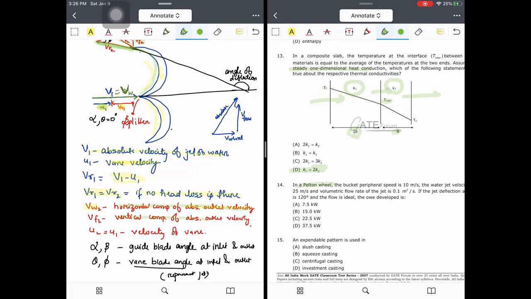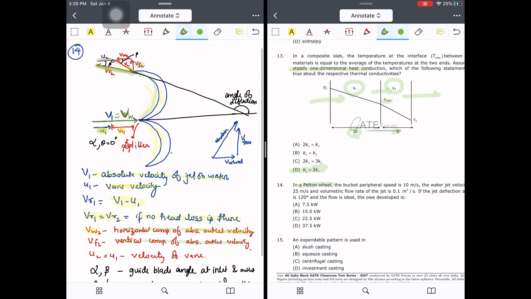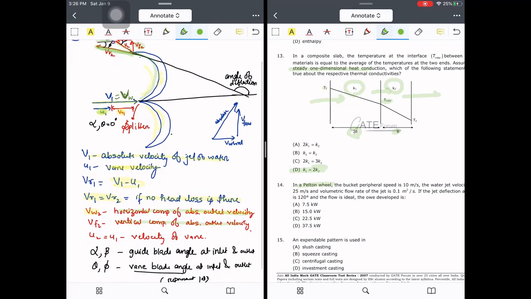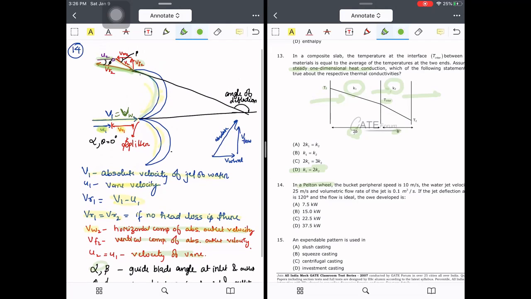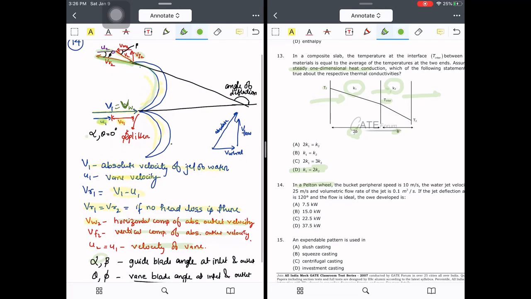I have already explained VW2 is the horizontal component of the absolute velocity of the jet, and VF2 is the vertical component of the absolute outlet velocity. U1 is equal to U2, which is nothing but the velocity of the vane, that I have explained to you.